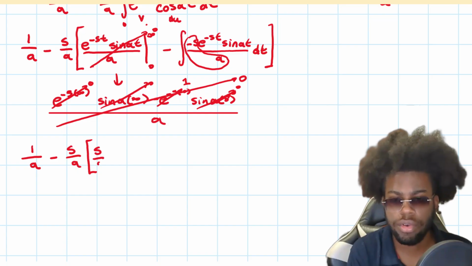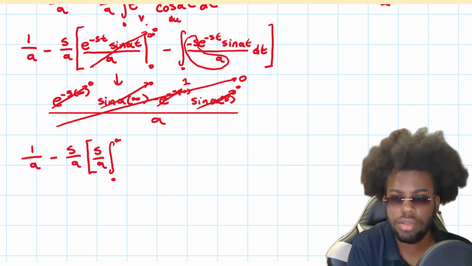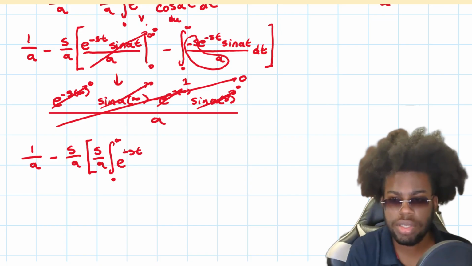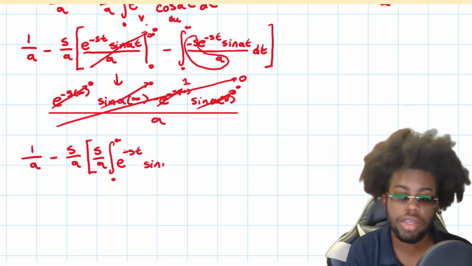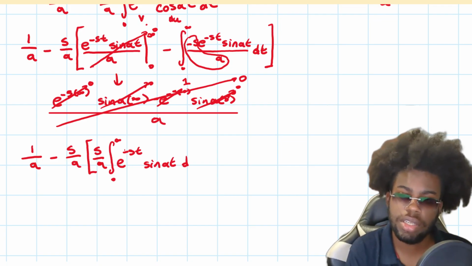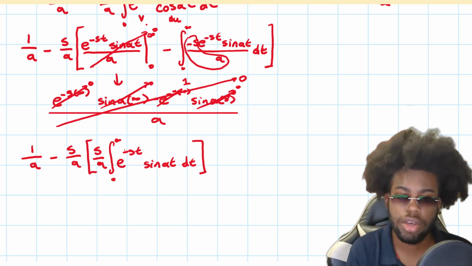S over a multiplied by the integral from 0 to infinity, let's put back the limits there as well, e to the minus st sine at dt. We have now successfully gone in a complete circle.